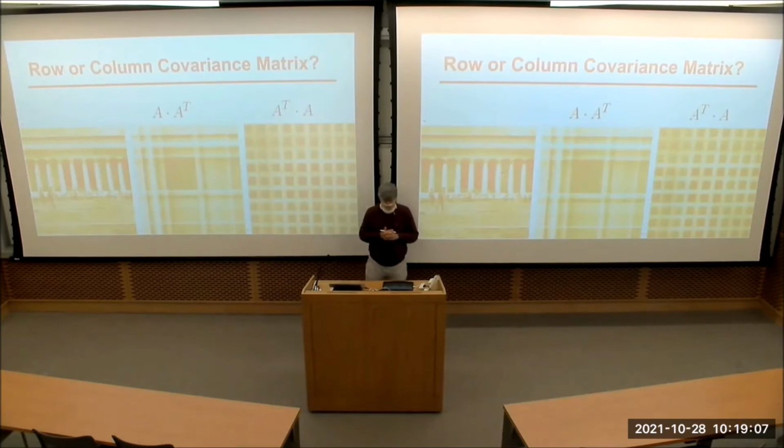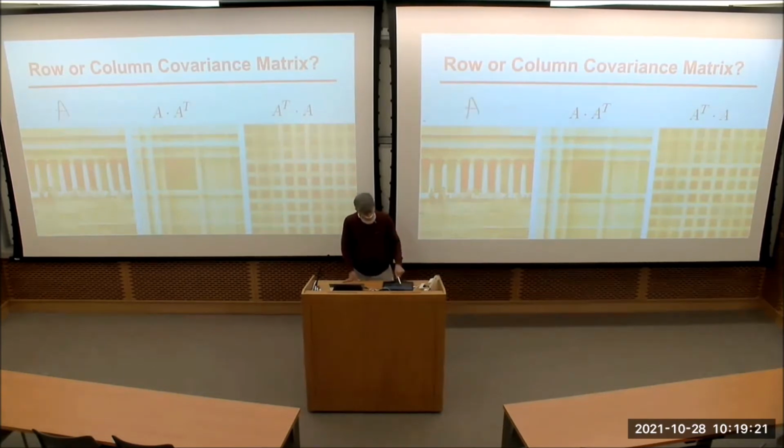Let's think back to our Lincoln Memorial and take a look at its covariance matrices. Again, I get confused. Is A times A transpose measuring how in sync each row is?